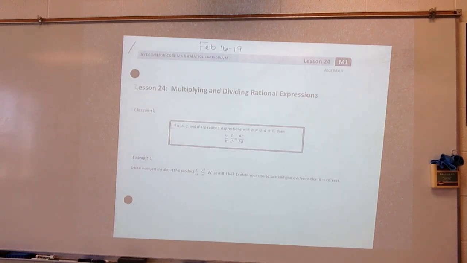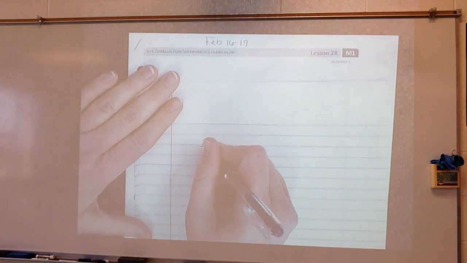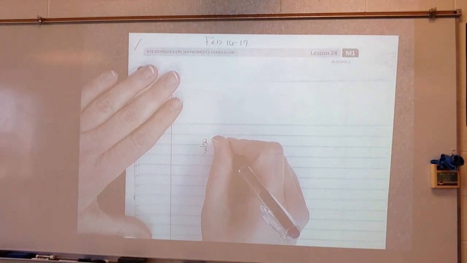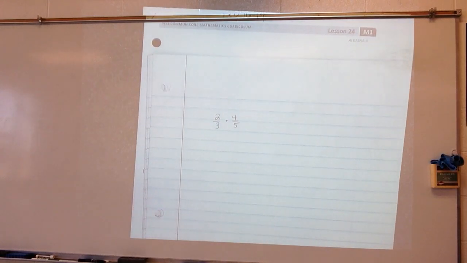So the first thing I want to do is talk about how we would model this expression, 2/3 times 4/5. How would I model that? Normally, if you were in here, I would give you a note card or a Post-it and tell you to model this.